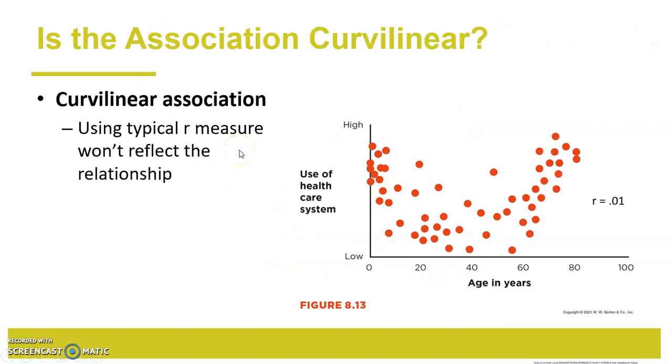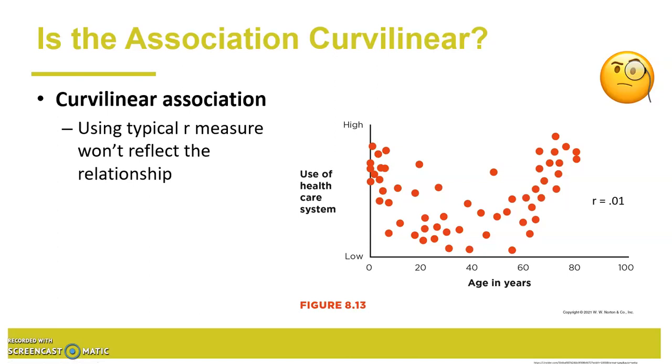Okay, a curvilinear association. Okay, so this scatter plot here has an R value of 0.01. That indicates a very weak relationship, basically saying that there's no relationship between these two variables. However, if you look closely at this, you should hopefully start to see that, yeah, there is a relationship there. It's just not linear.